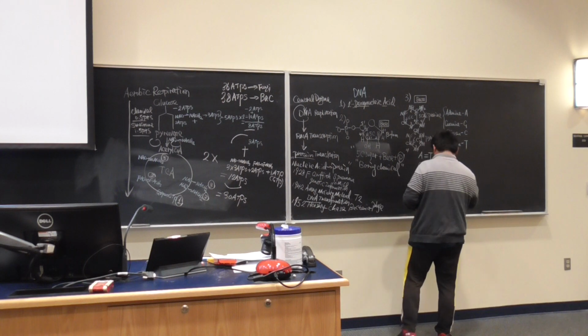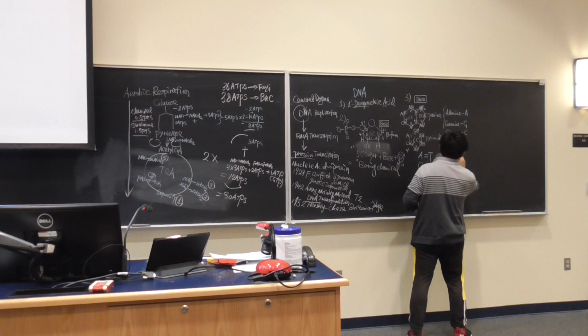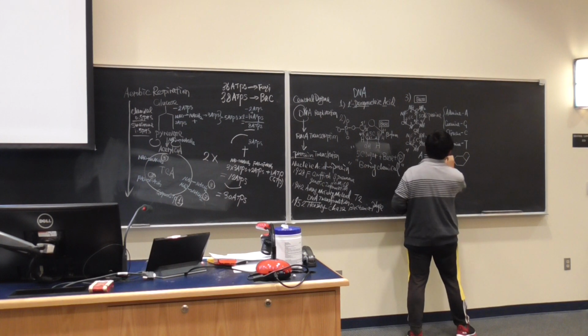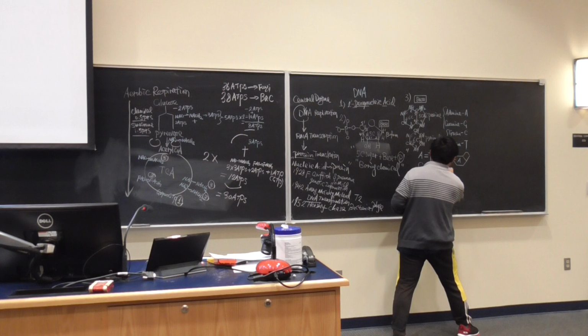Usually I like to draw it this way so you can understand better. Okay, so that's T, that's A, so you have 2 bonds connected. Okay, this one we can also draw like this.